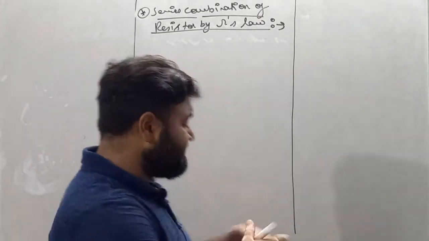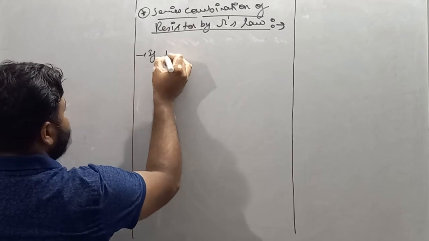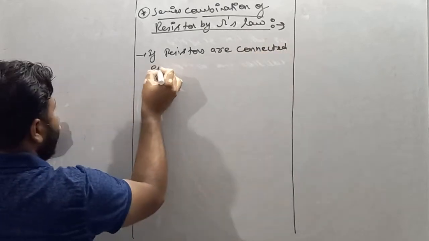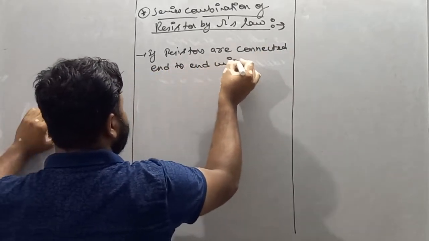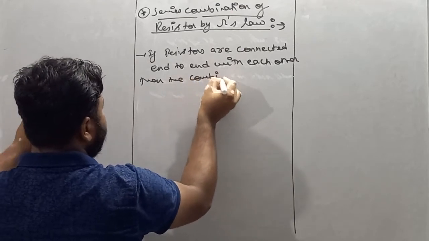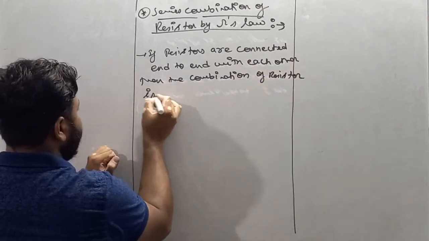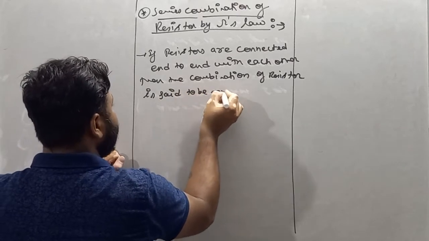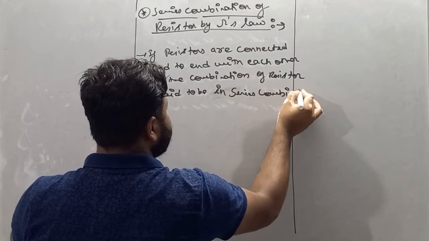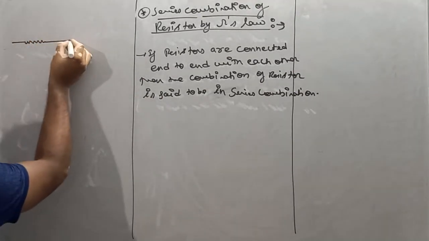If the resistors are connected, dear student, end to end with each other, then the combination of resistor is said to be in series combination.